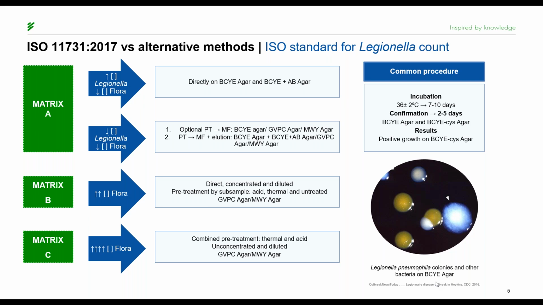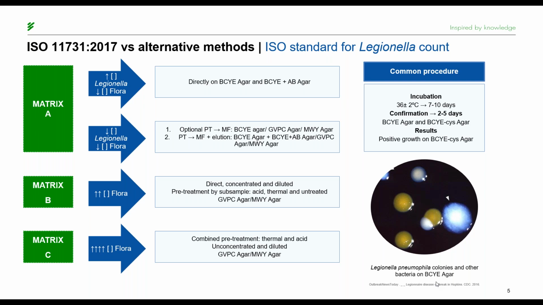There are options of thermal pretreatment, acid or not, filtration, elution, and 5 agars to choose from, such as BCYE, GVPC, MWY, BCYE with antibiotics, and BCYE without cysteine for the confirmation, which of course is mandatory. The incubation times are long, reaching 10 days for isolation and at least 5 days for confirmation.